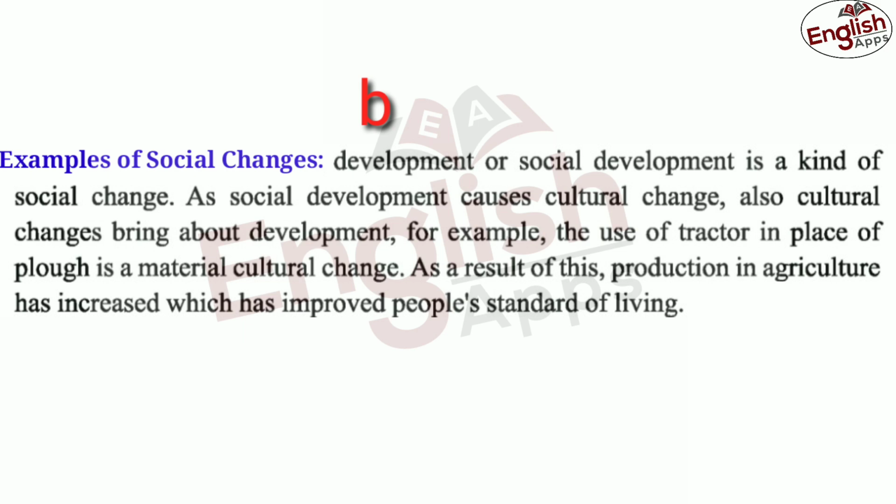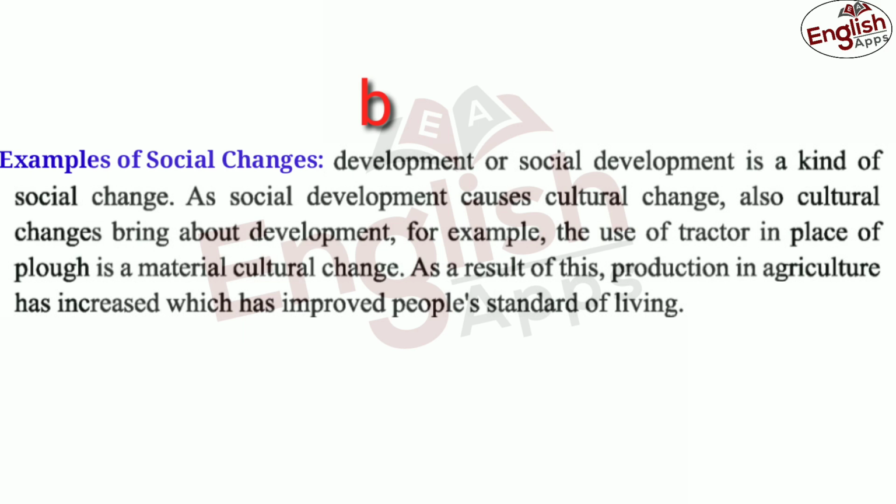As a result of this, production in agriculture has increased, which has improved people's standard of living. This is an example of social change. Once upon a time we used plow in our system. Now we use tractor in place of plow, and it is called a material cultural change. That means social change.